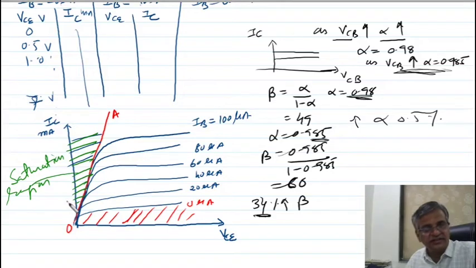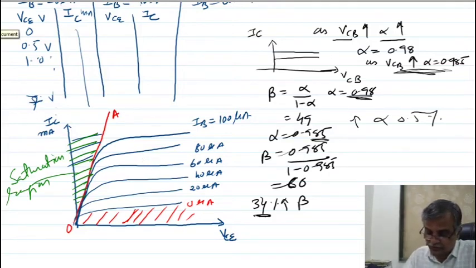So in the saturation region, the base emitter junction is in forward bias and the collector junction is also in forward bias. This region is called the active region.